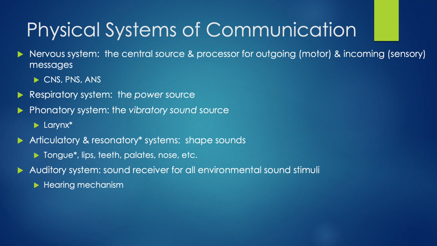Then we have the phonatory system, the vibratory sound source. So you can always put your hand on your neck if you're not sure. But the vibration, if you just say zzz versus sss, you can feel that vibration, and that vibration is coming from the vocal folds in your larynx.